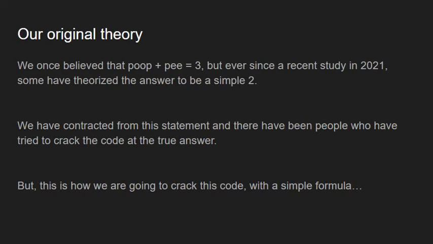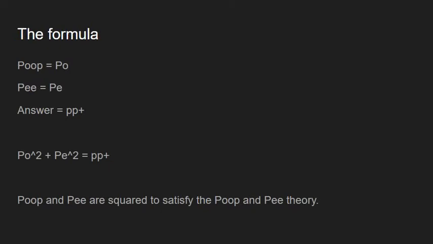Okay. The formula is quite simple. There are some variations and variables that equal these parameters, such as poop equals PO, and P equals PE. The answer will be PP plus, and the simple equation is PO squared plus P squared equals PP plus.